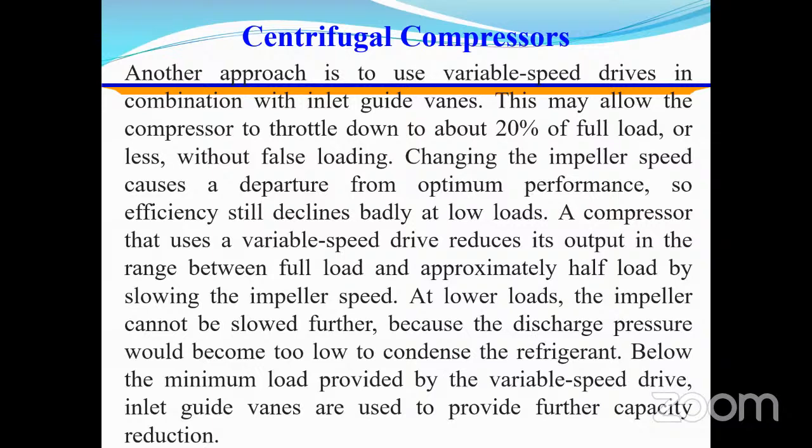Below the minimum load provided by the variable speed drive, inlet guide vanes are used to provide the further capacity reduction. So that's why centrifugal compressors are mostly used for chiller plants.